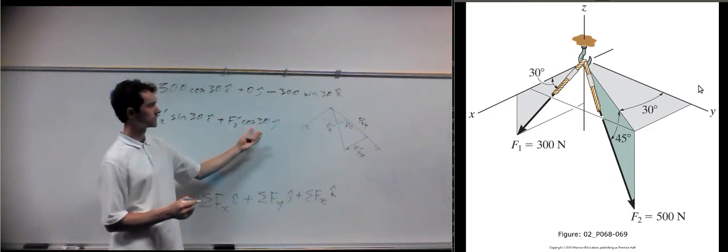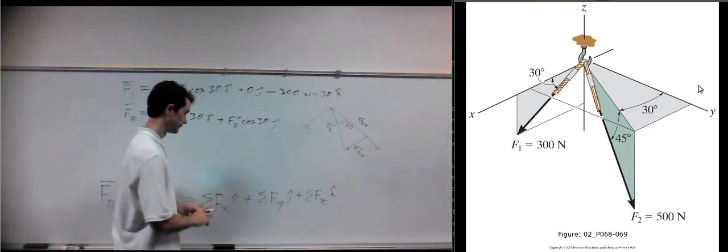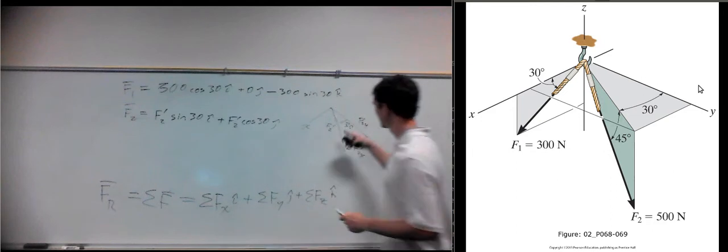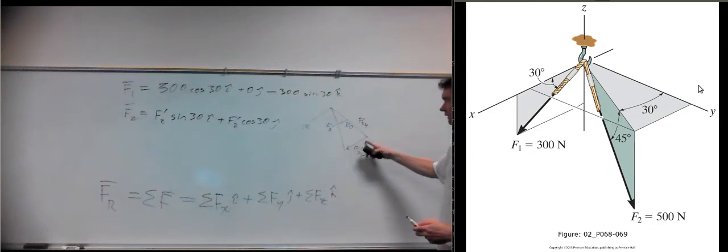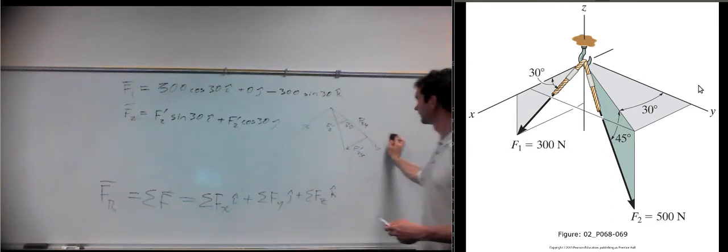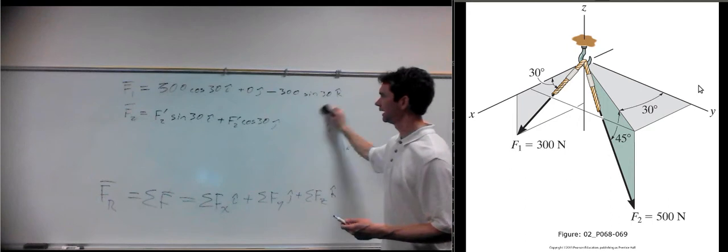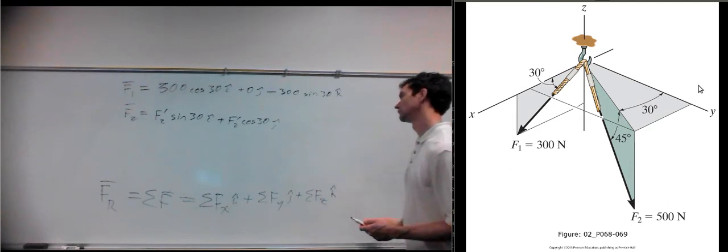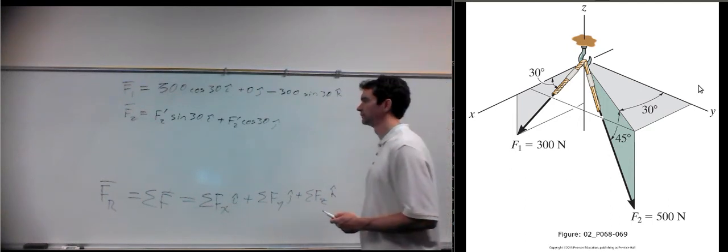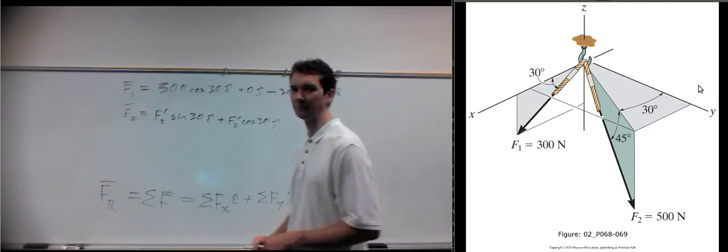So that's why we use cosine of 30. So we've got F2 prime for the hypotenuse, F2 prime x, F2 prime y. Well, that's really F2 prime x is the same as F2x. No, that's not true. Yes, that is true. Okay.